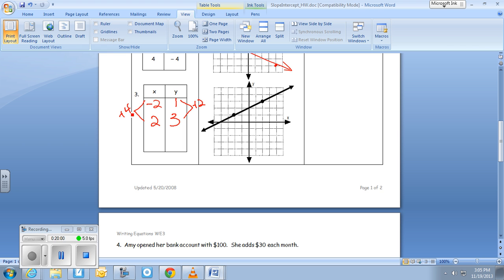I could also see from the graph that it's positive, up 2 over 4. So that would be 1/2. So I know my slope is 1/2. And then I'll put the x, and my y-intercept is right there at 2, going up 1 over 2, so plus 2 for my y-intercept.